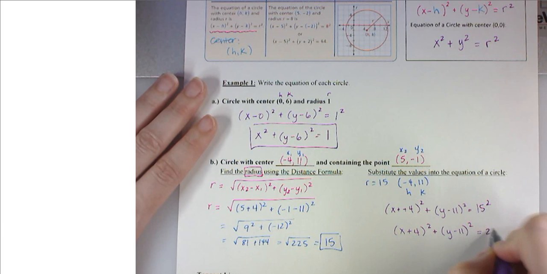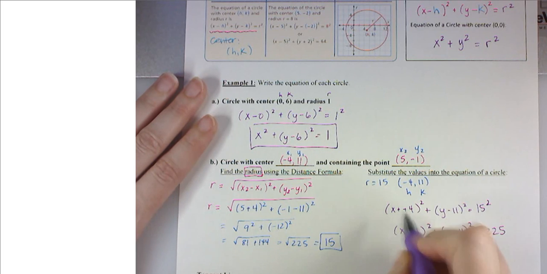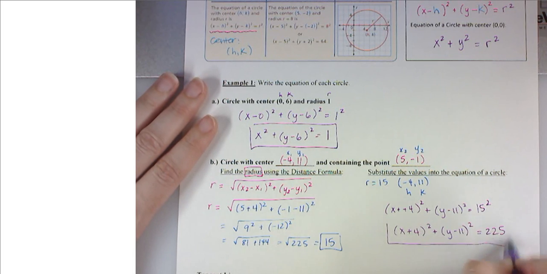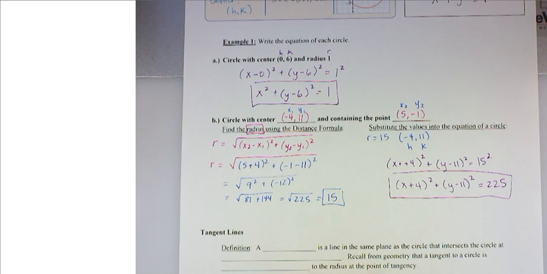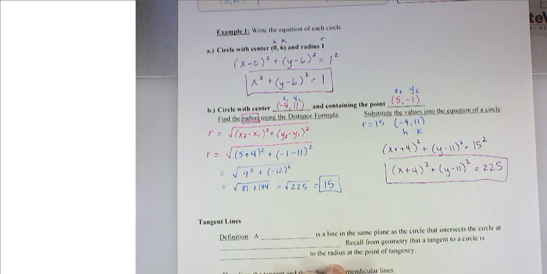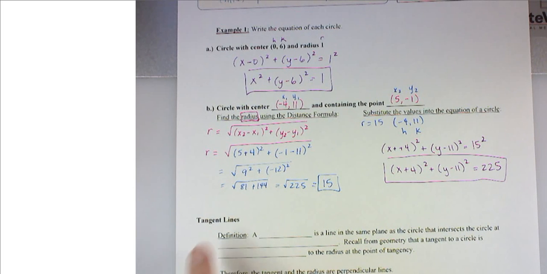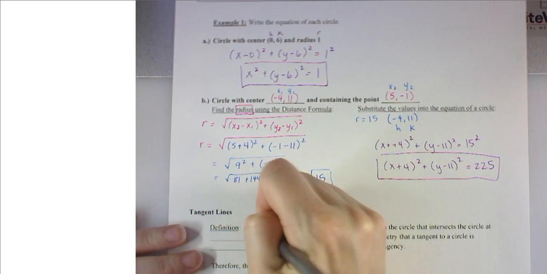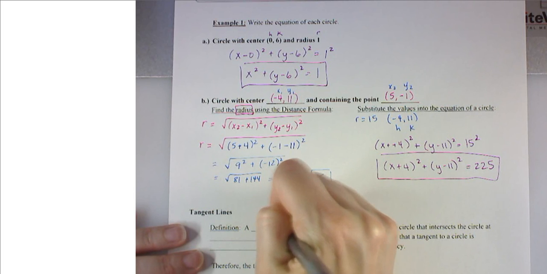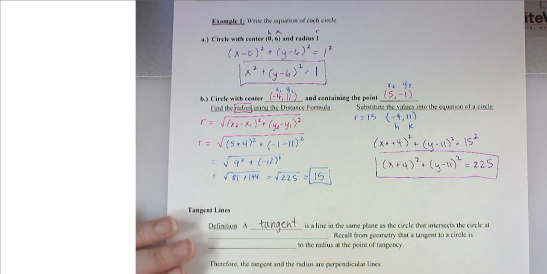All right, now when we talked about circles in geometry, we also talked about tangent lines. So we are going to review those as well. So a tangent is a line in the same plane as the circle that intersects the circle at exactly 1 point.